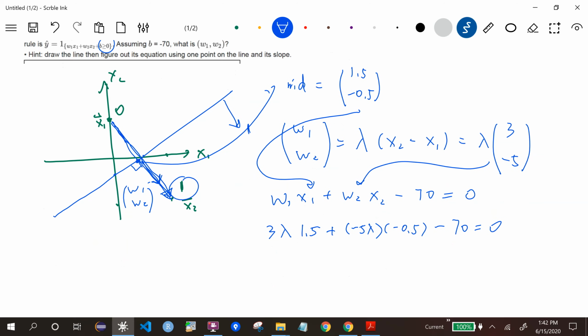So now you can probably guess we're going to solve for lambda and then put it into the weight vector. So let's do this.